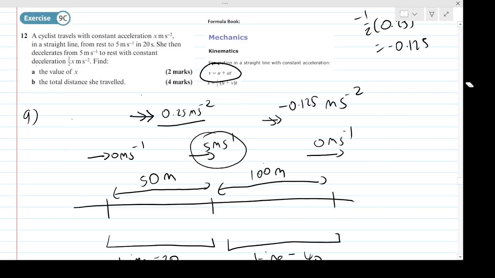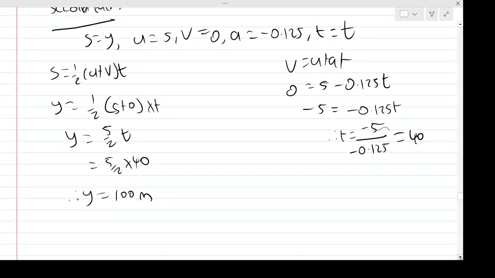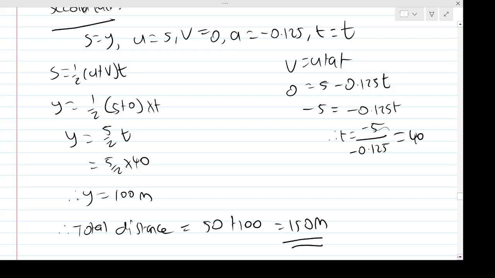The total distance is then 50 plus 100, the two parts combined to get the whole journey. If we add that, it's 150 meters. And there we are.